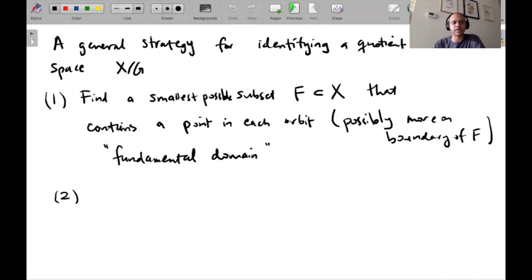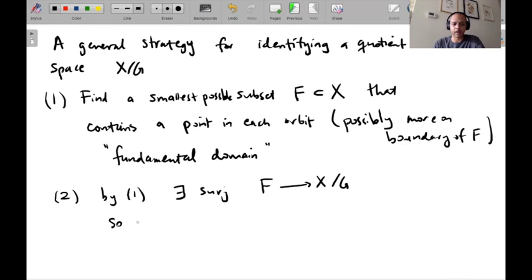Once we have this situation, this first condition implies that there's a surjective map from F to the quotient space, the orbit space.